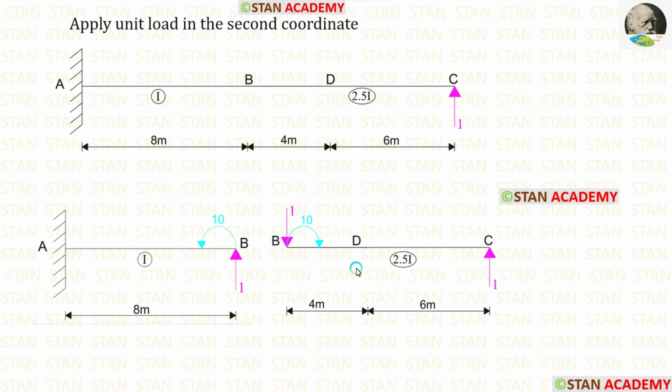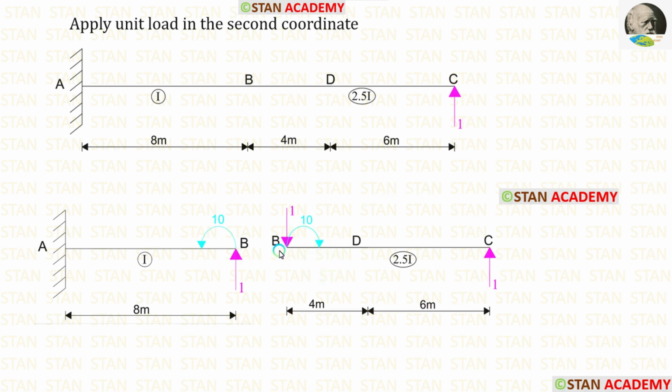Now let us find the moment at the point B. This load is acting in the anti-clockwise direction and the distance is 10 meter. 1 into 10, we will get 10. Since this load is acting in the anti-clockwise direction, the developed moment at the point B should be acting in the clockwise direction.